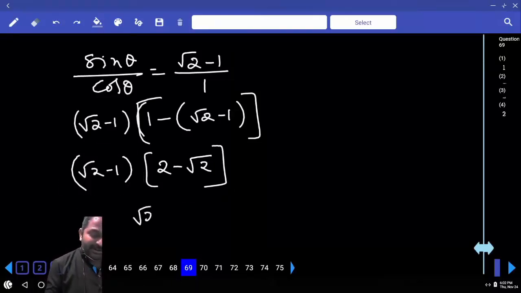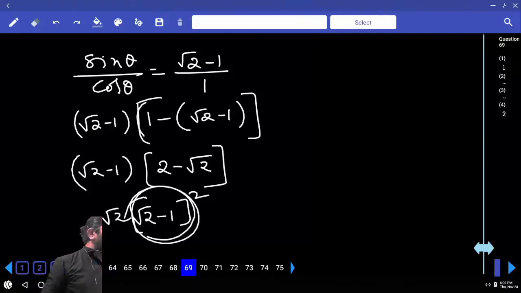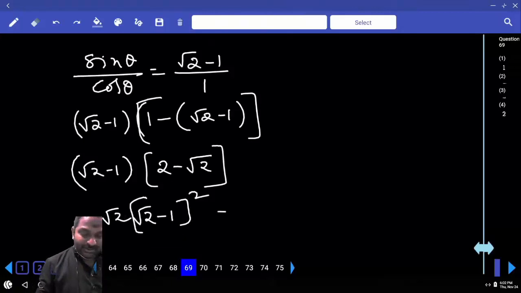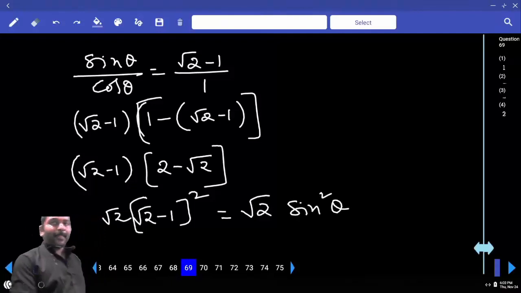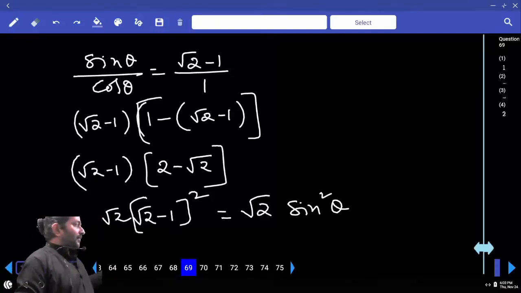So that we can write as root 2 minus 1 whole square. Already root 2 taken common. Yes. What is this fellow? Already we have sin theta. So this is equal to root 2 into sin square theta. That's it. It's up to you. You can do it any way.